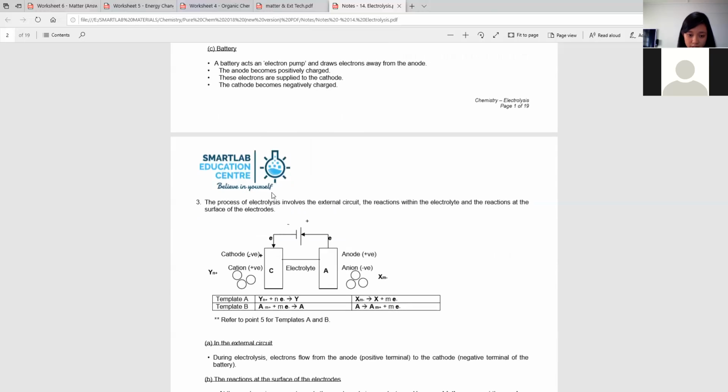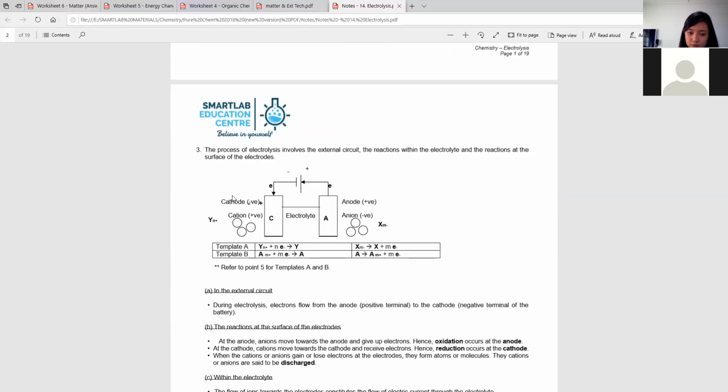Okay, so if you look at this diagram here, like what we mentioned, the negative terminal is called the cathode. The cathode, you have to know, must highlight this one: reduction will happen at the cathode. Reduction means you will gain electrons. Because in electrolysis, we are talking about losing and gaining electrons. If the cathode undergoes reduction, it means whatever is over here will be gaining electrons.